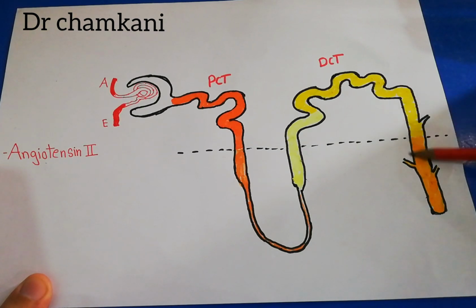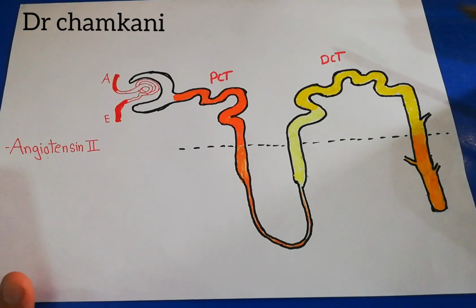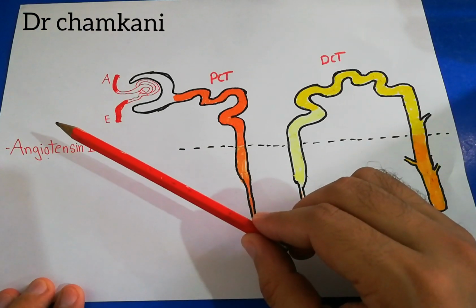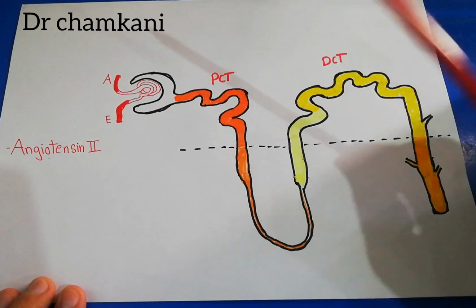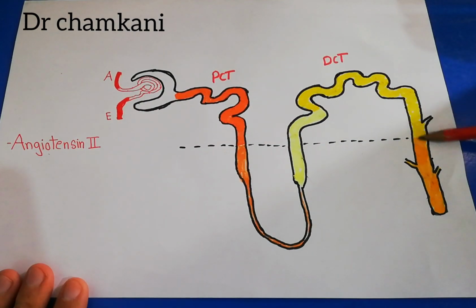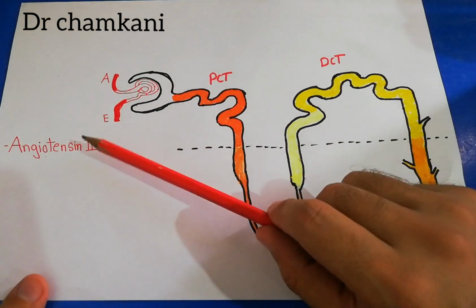Aldosterone acts here, and it helps in the reabsorption of sodium from these tubules into the blood vessels present around these tubules. So one role of angiotensin 2 is to stimulate aldosterone secretion. Aldosterone is secreted from the adrenal glands, and then it acts on the principal cells in the cortical collecting tubules and helps in the reabsorption of sodium. So that's the first function of angiotensin 2.